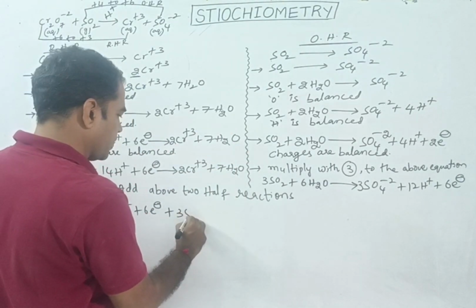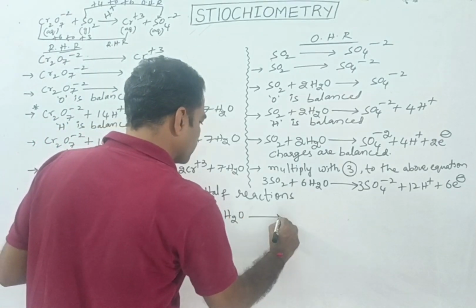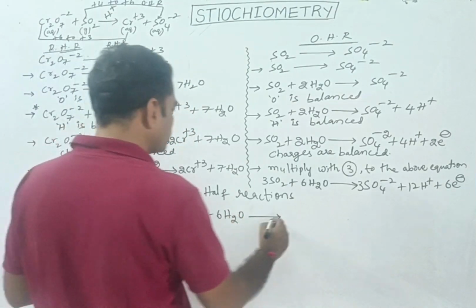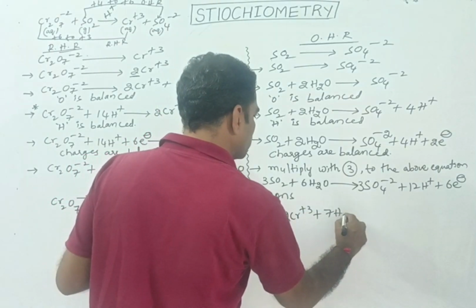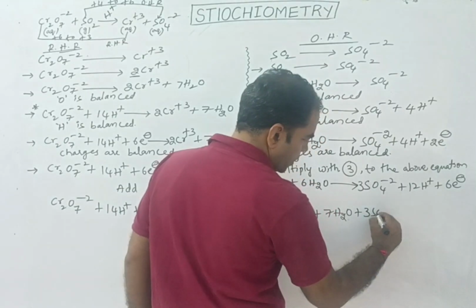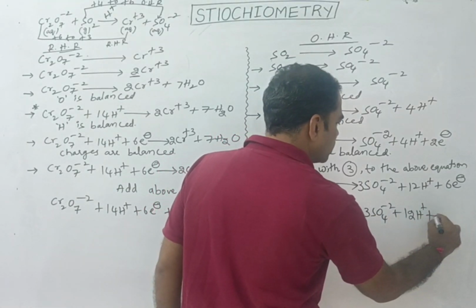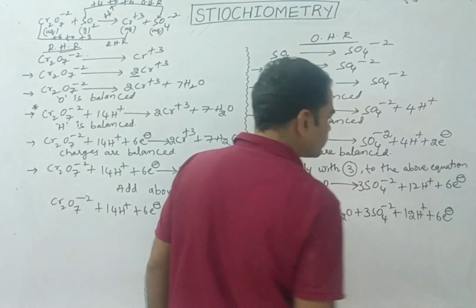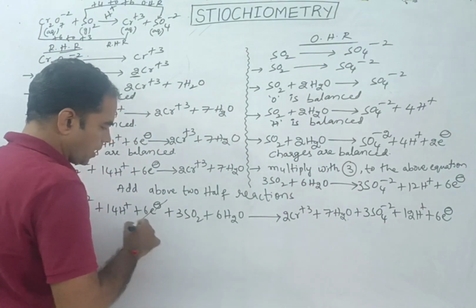Plus 3SO2 plus 6H2O on the left side. On the right side, 2Cr plus 3 plus 7H2O plus 3SO4 minus 2 plus 12H plus 6 electrons. Here 6 electrons get cancelled.